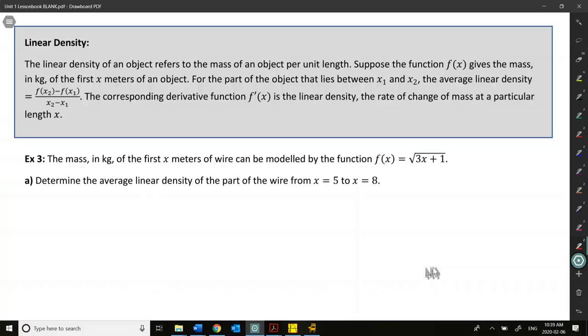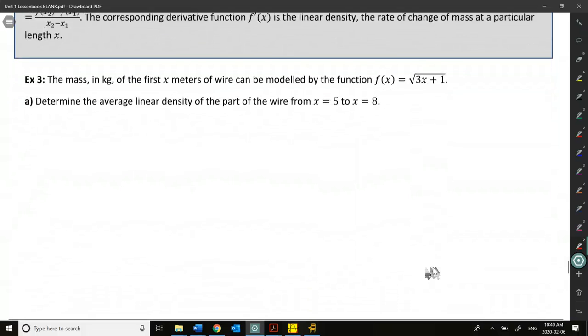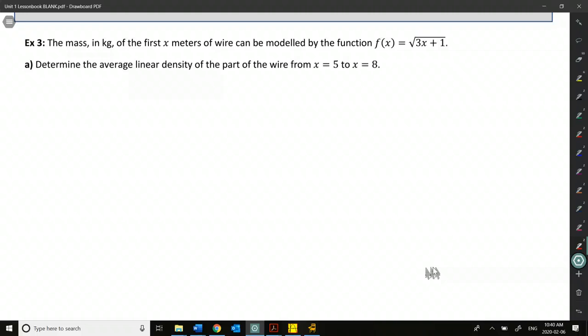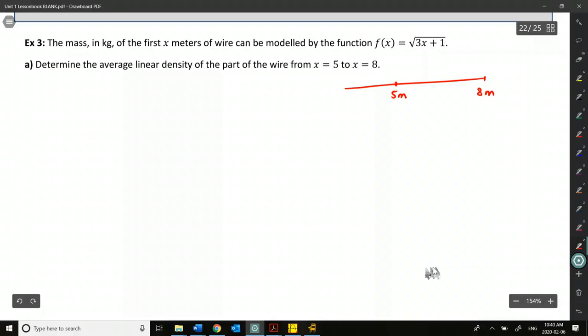So an example of this could be something like the mass in kilograms for the first x meters of a wire can be modeled by this function f of x. If we're to determine the average linear density from 5 to 8, essentially if I have a wire along here, I'm taking at 5 meters and I'm taking at 8 meters what the mass is, and I'm finding the change in mass over the change in distance, right?